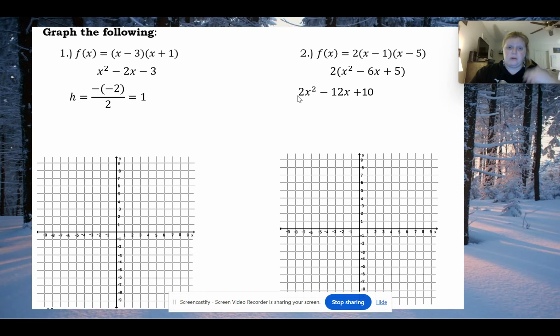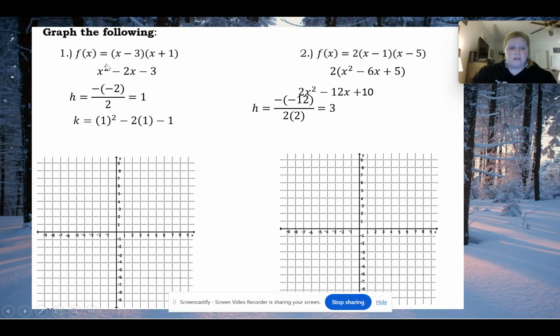So we'll run through our steps of getting h and then k. So h is negative b over 2 times 1, which is 2, and that comes out to 1. And then over here we have -12, negative b over 2 times a, and that's going to get you +3. And again, when you get your k, you can put this one in either formula, whichever one you prefer.